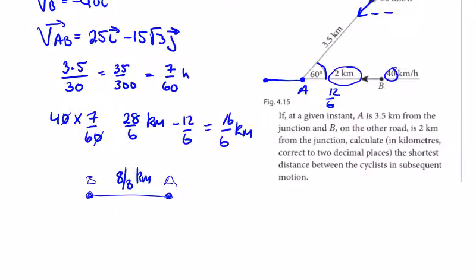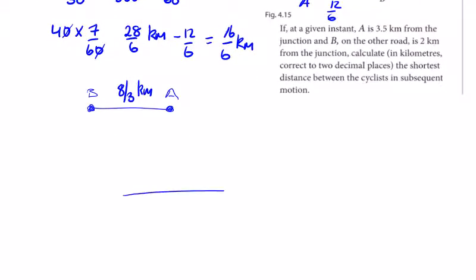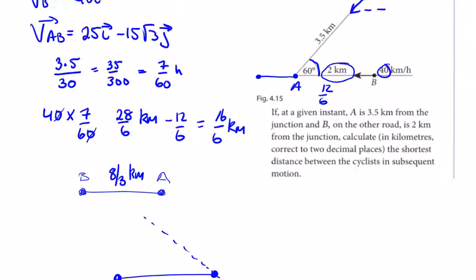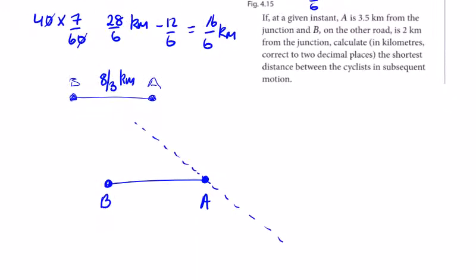So I'm just going to do this diagram again here to give myself a bit of space. B, A. The A relative to B was positive negative, wasn't it? Positive negative up here. So down in this direction, velocity of A relative to B. We have my shortest distance here, my right angle, and theta inside.